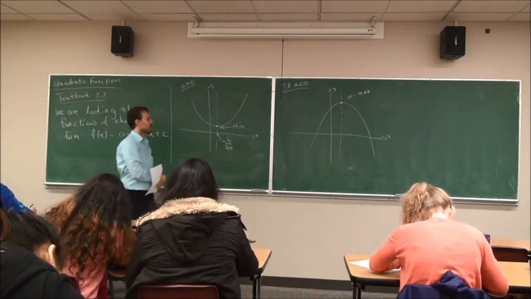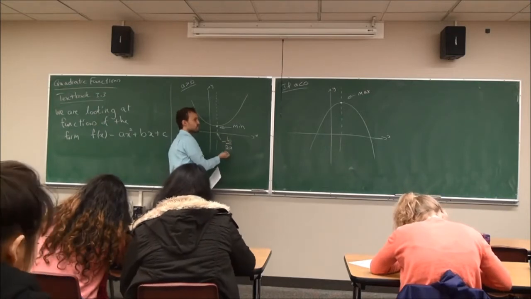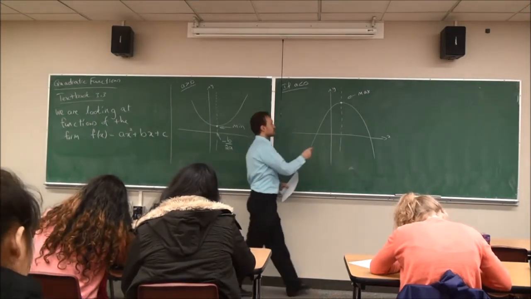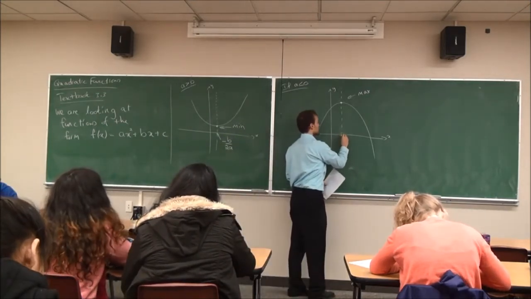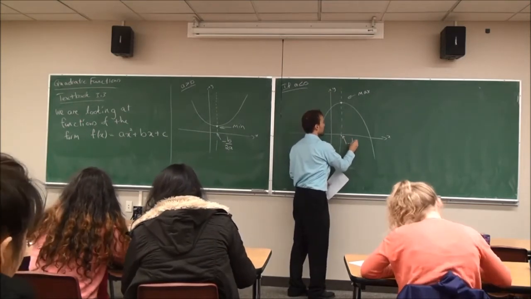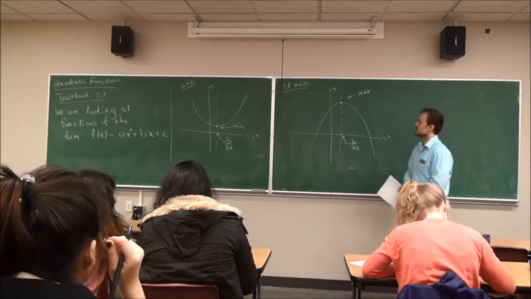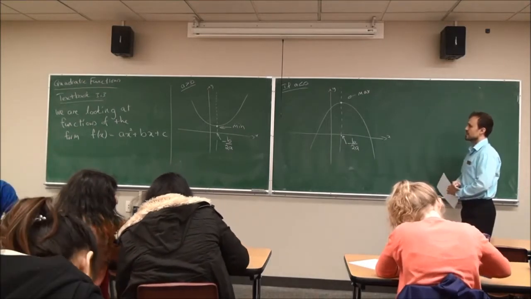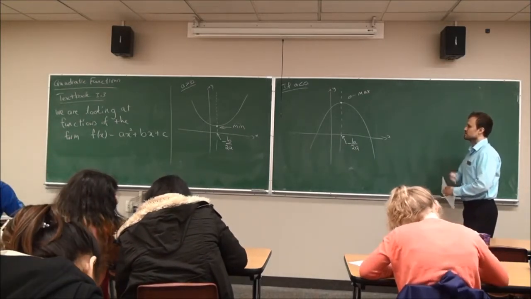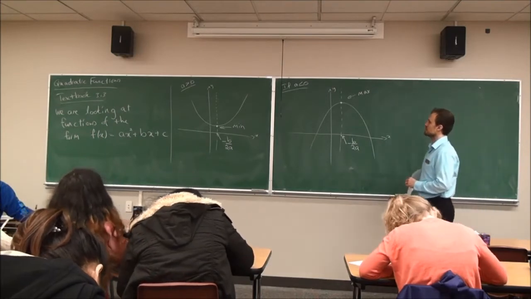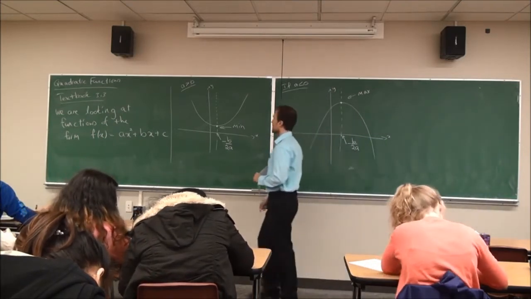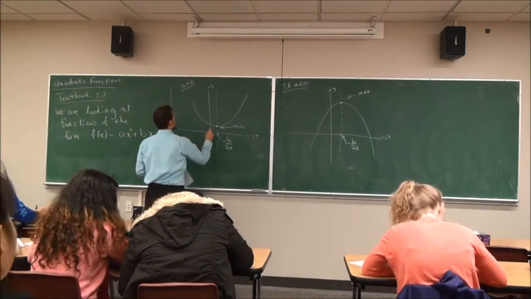We're skipping deriving this. I can prove to you why it's like that, but it's going to take an hour and I don't want to. Whether it's a maximum or a minimum, this x value is the same. Negative b over 2a. So I just remember it. It's the only thing I have to remember. Negative b over 2a.